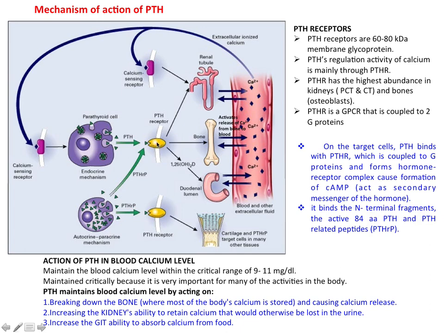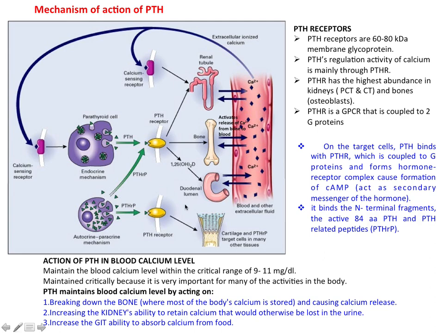So the receptors for this PTH are found basically on kidney and bone. So once this PTH binds to its receptor, so PTH is a peptide hormone, so its receptor is a G protein coupled receptor. Once this G protein coupled receptor gets activated, it can activate the release of calcium ion from the bone into the blood.